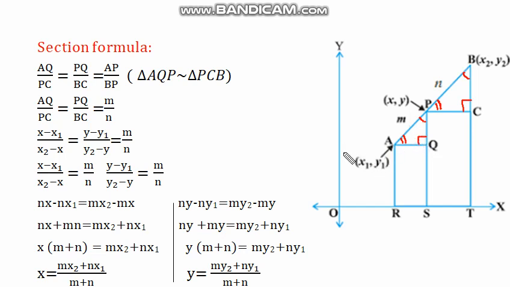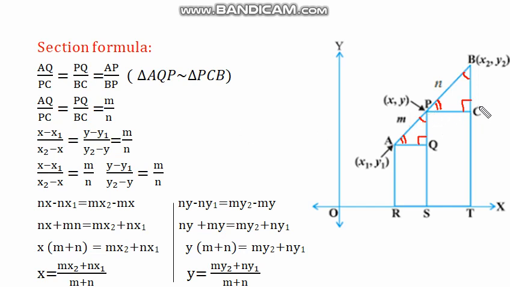So the total distance is x minus x1. So that is AQ.